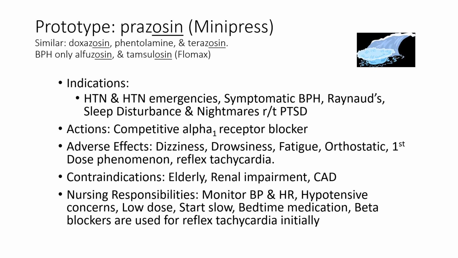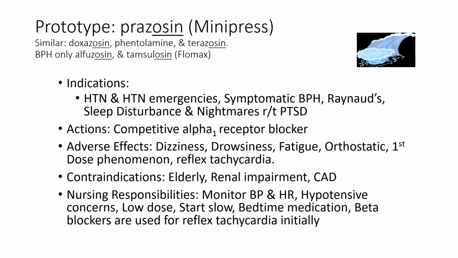Contraindications, well, elderly, yes, because you can make them fall with these medications. We still use them, we're just careful in the elderly. But if you give an older person an alpha-1 blocker and make their blood pressure drop precipitously and they fall and break their hip or do something else, then it's definitely a risk.